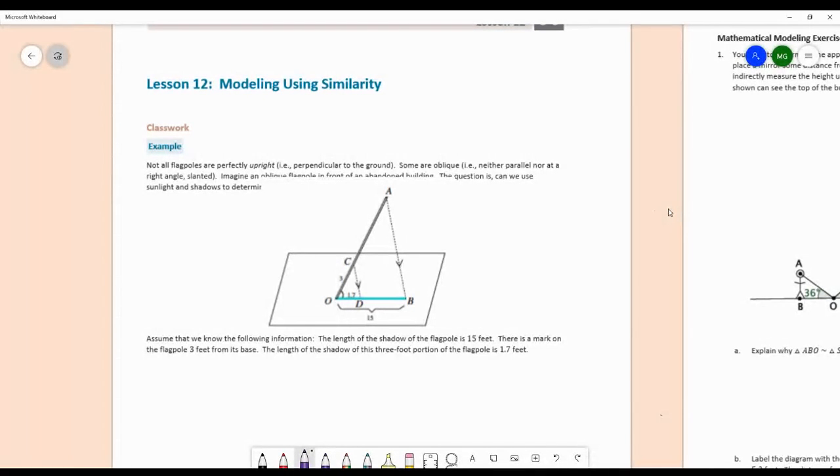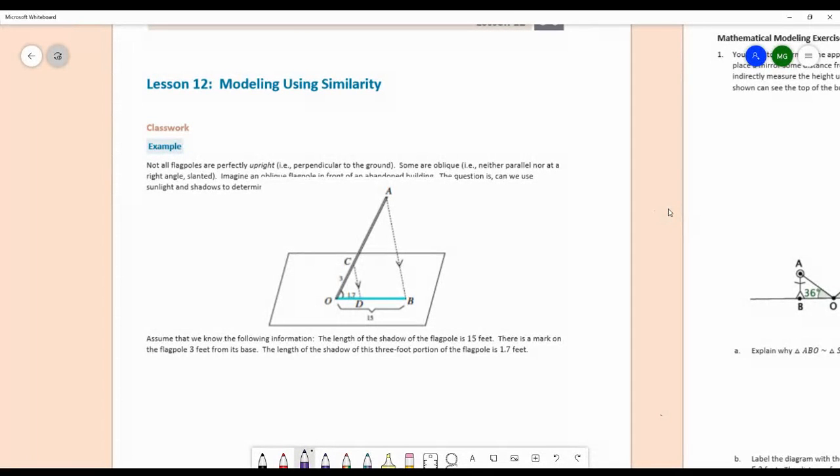So if we connect our 3-foot section to its shadow, and the top of the flagpole to the end of its shadow, we see that we have 2 triangles. And the question we want to answer is to find out how tall this whole flagpole was.